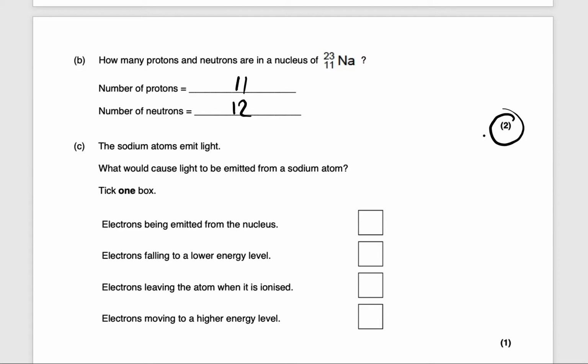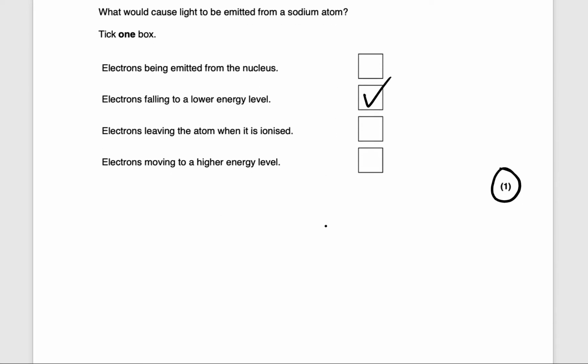But when they emit that light, then they move back closer to the nucleus in their original electron shell. So when they emit the light, they fall to a lower energy level, and that will get you 1 mark.